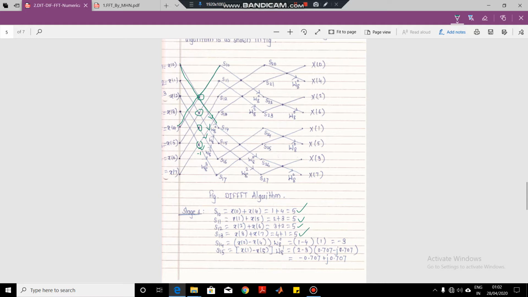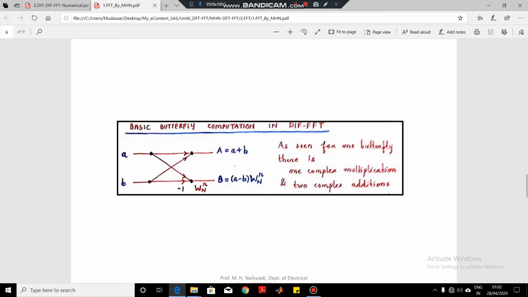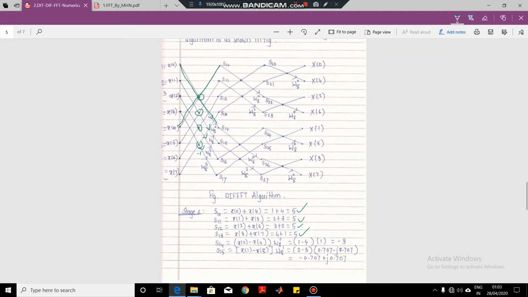Now see, what will be the output of the first butterfly's second output? It is x of 0 minus x of 4. Here I have to write minus. So x of 0 minus x of 4 into the twiddle factor. We had seen this: a minus b into twiddle factor.